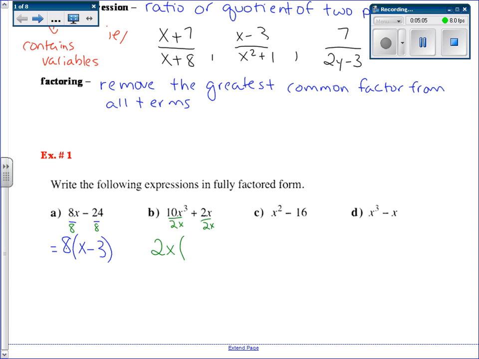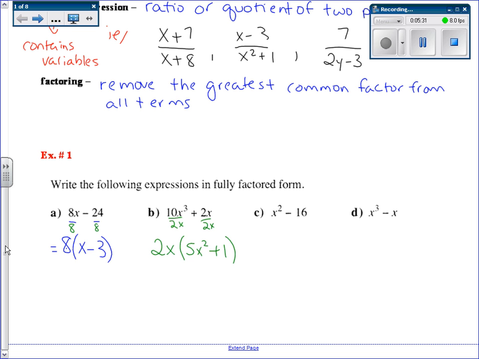So 10x cubed divided by 2x is 5x squared. Remember your exponent laws? When you're dividing powers, you subtract the exponents. And 2x divided by 2x is 1. It's not 0, it's 1, because you need to be able to go backwards. 2 times 5 is 10, x times x squared is x cubed, 2x times 1 is 2x.